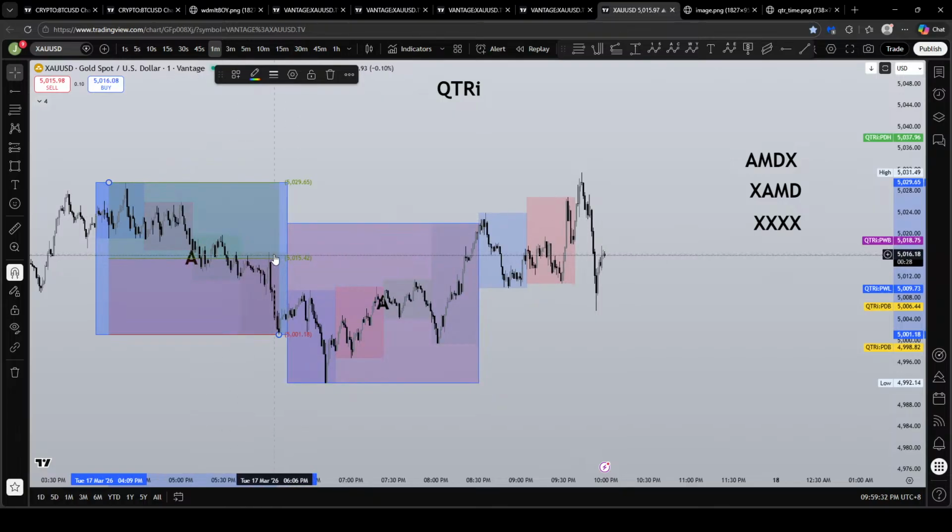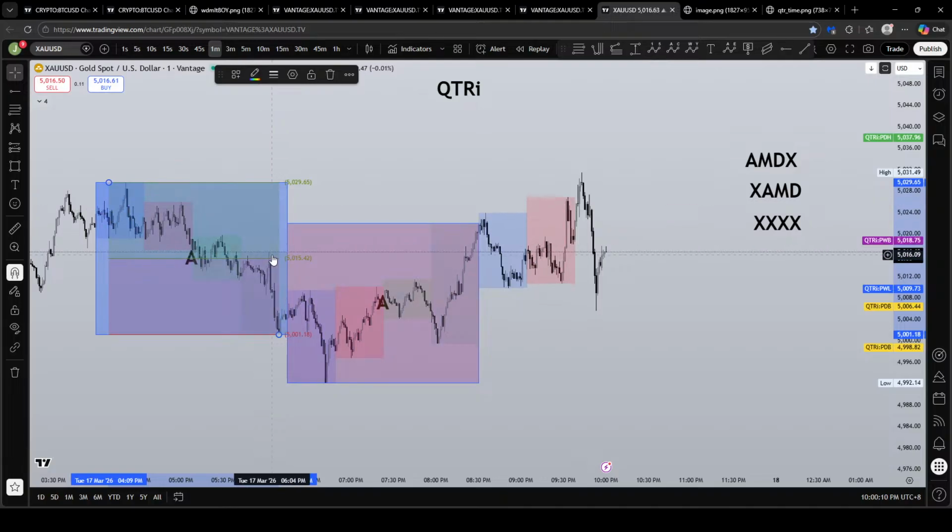If the current price, before the closing, that's the most important tip that I can give you: before the closing of any quarter or sub-quarter, plot the dynamic quarter or sub-quarter PDRA.